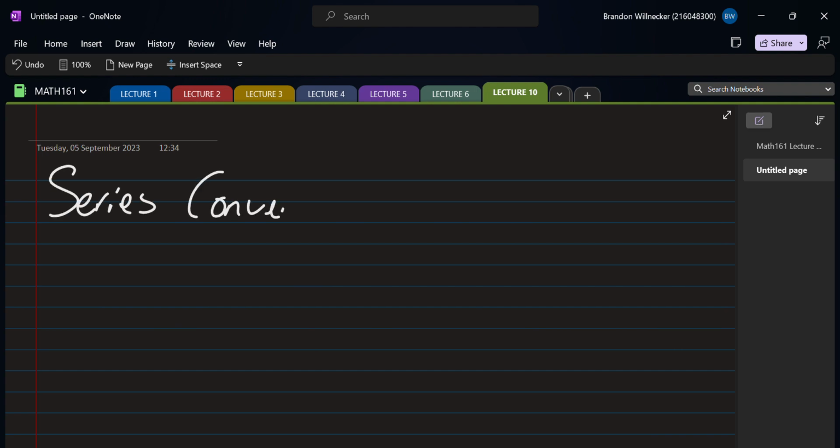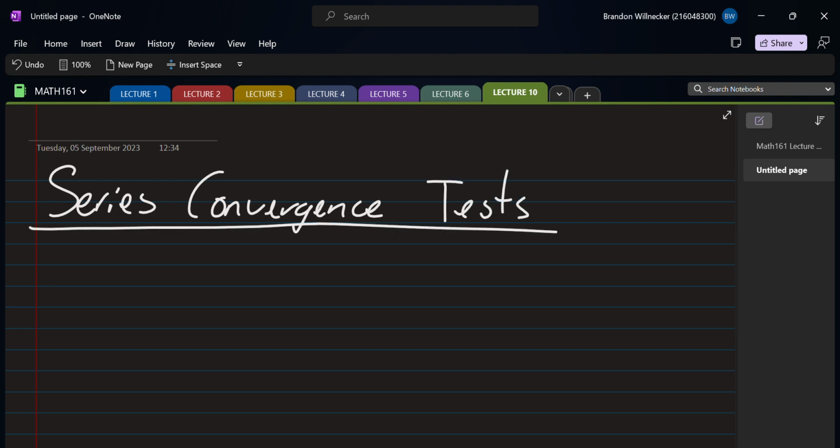Series convergence tests. There's quite a few of them, and each just tells us if the series converges or diverges. The first one is called the test for divergence.